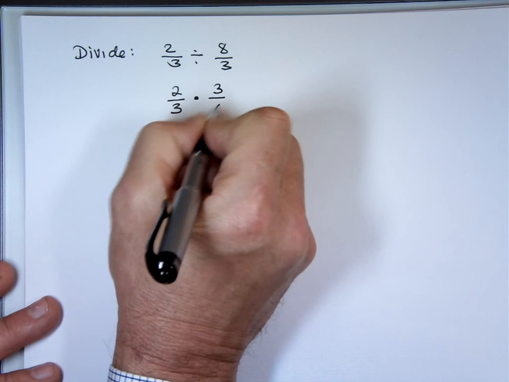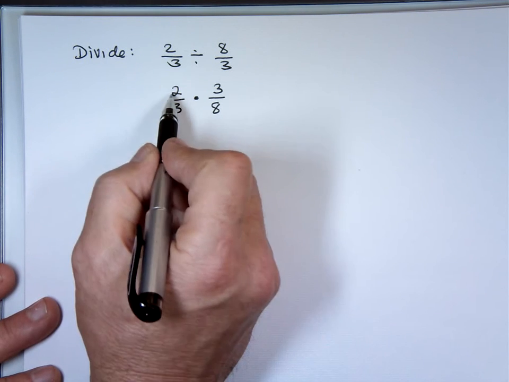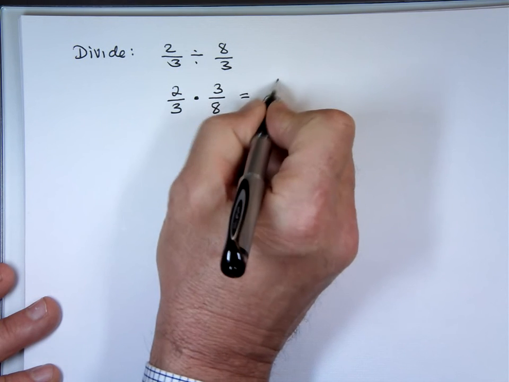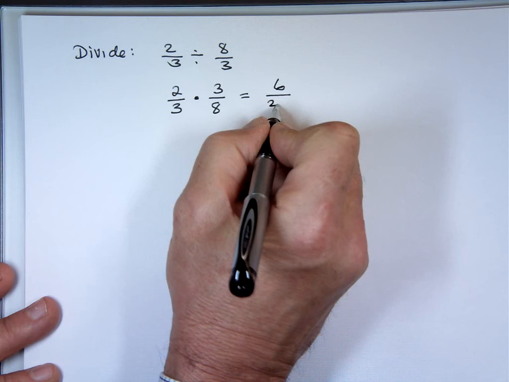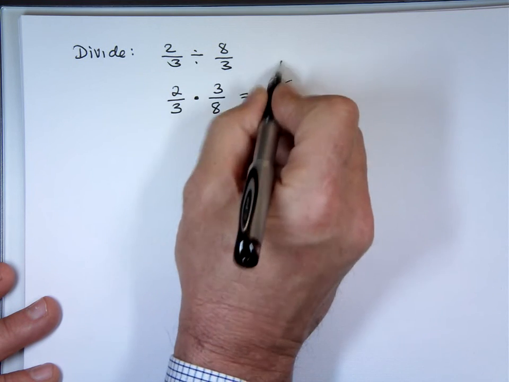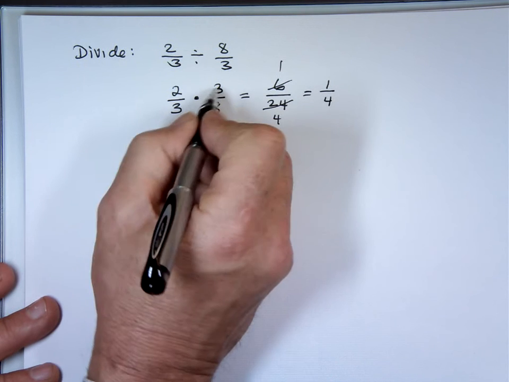You can either simplify now or simplify later. If you opted to simplify later, 2 times 3 is what? 6. 3 times 8 is what? 24. If you divide by 6, this is 1, that's 4. That's correct, Jamie, 1/4. You could also cancel the 3's here, and by 2's, it's the same thing.